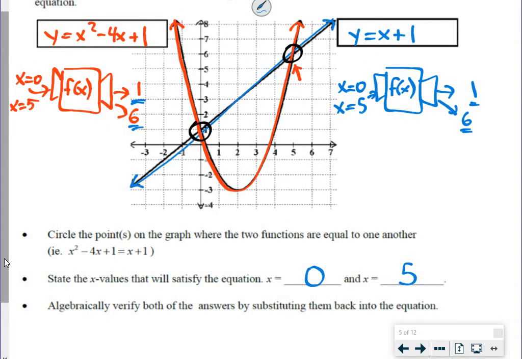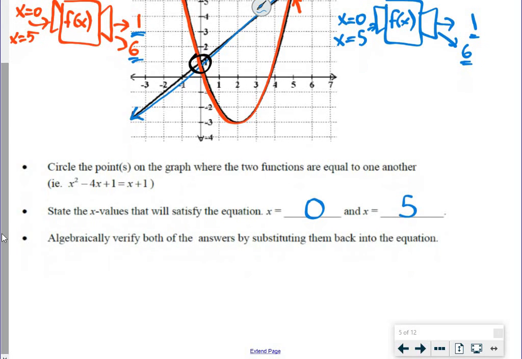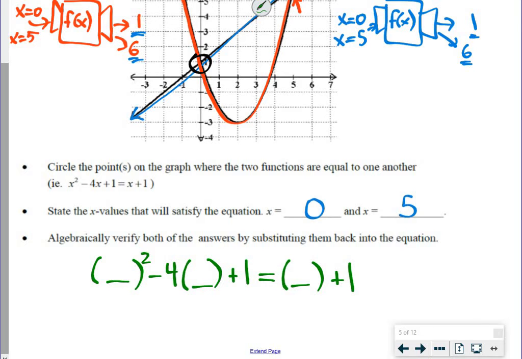Now algebraically verify both of the answers by substituting them back into the equation. The equation originally was x squared minus 4 times x plus 1 equals x plus 1.